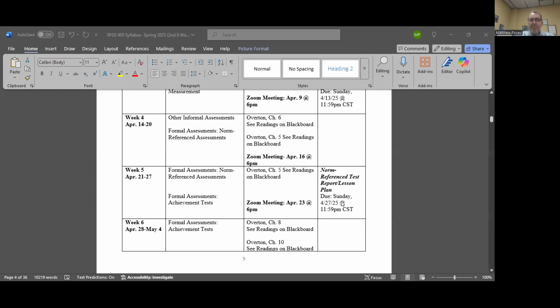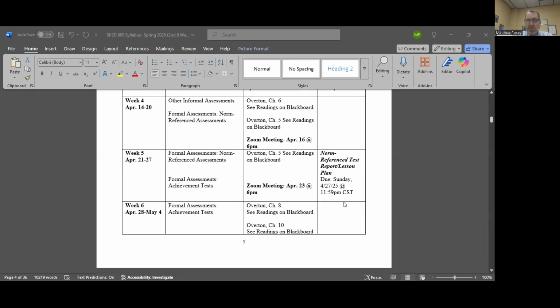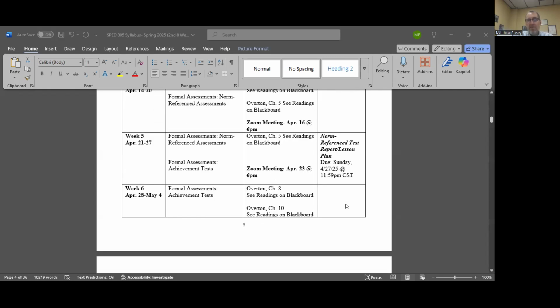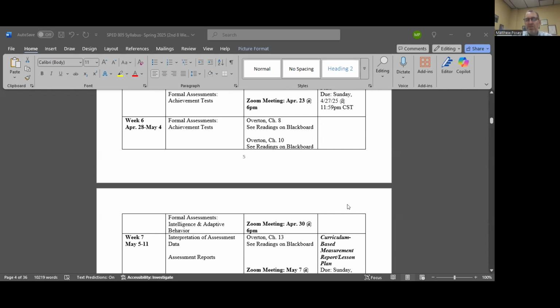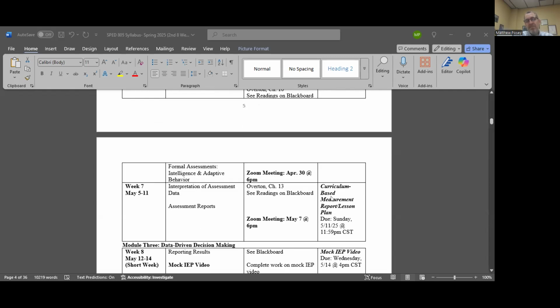The last type of assessment that we'll focus on during this course will be curriculum-based measurements, or CBM assessments, and I always refer to that as somewhat of a glorified informal assessment. During the study of CBMs, we're going to ask you to select some probes. Probe is basically another name for assessment.